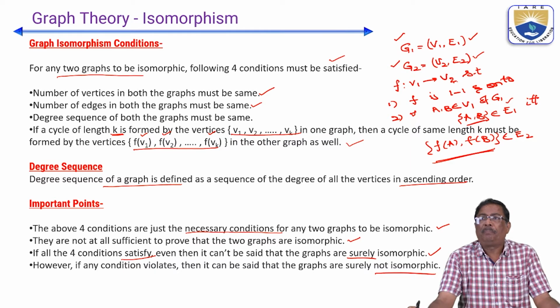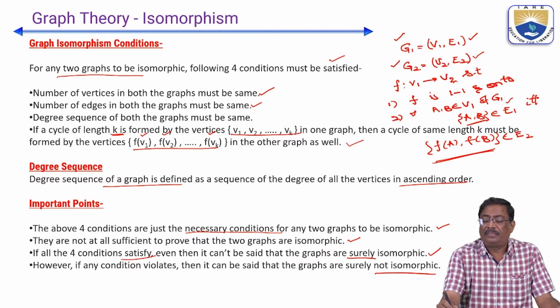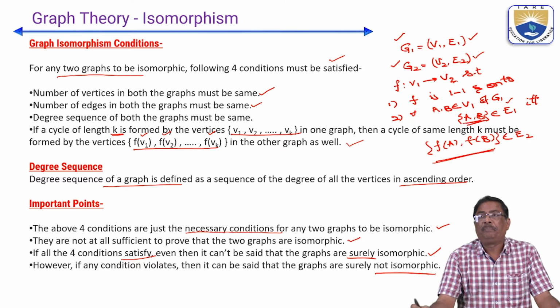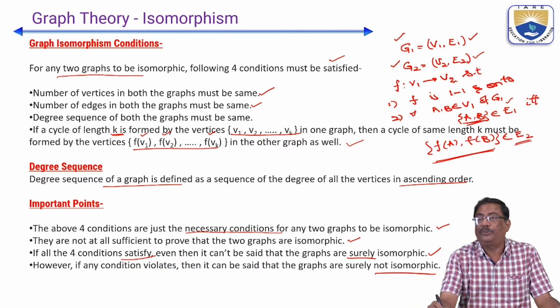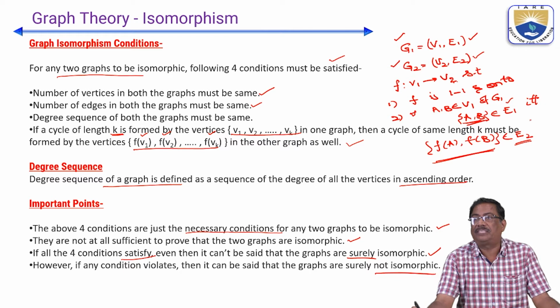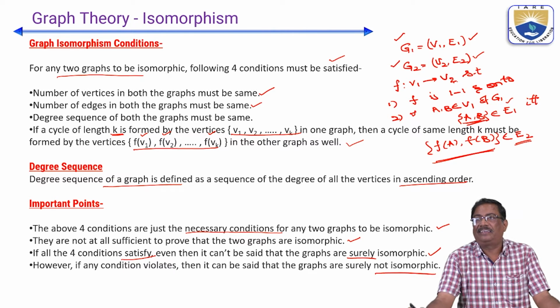For every pair of vertices in V1 connected by an edge, its corresponding image pair is also an edge in E2 of the other graph. E2 is the edge set in G2, and E1 is the edge set in G1.